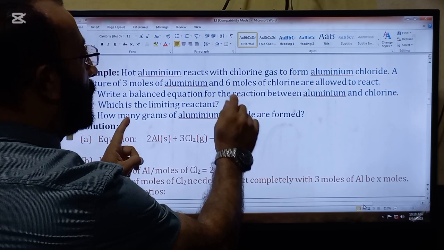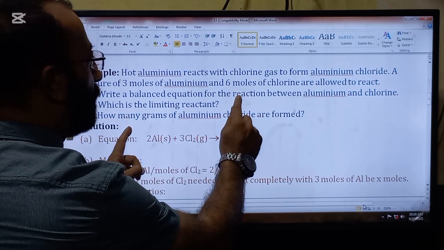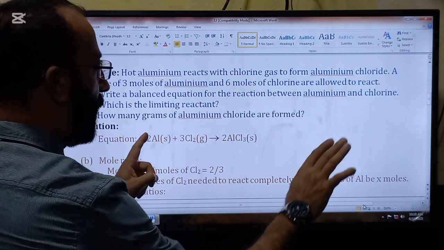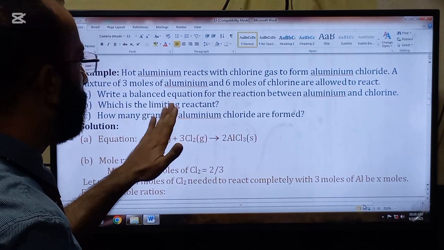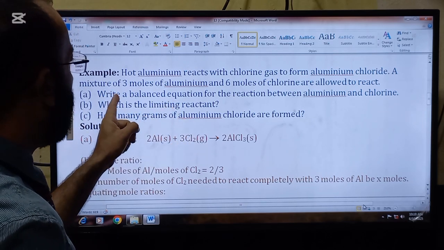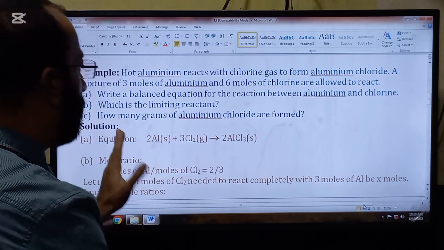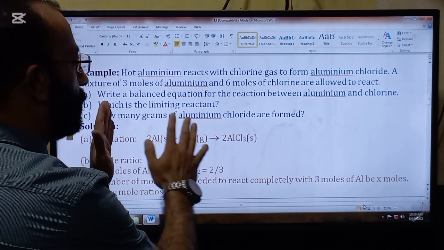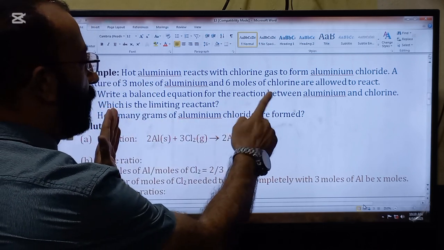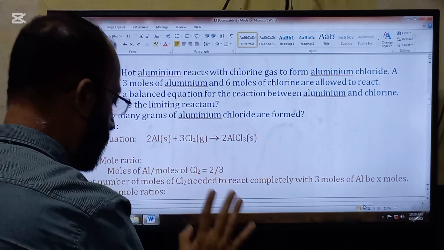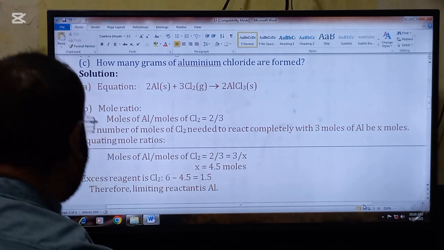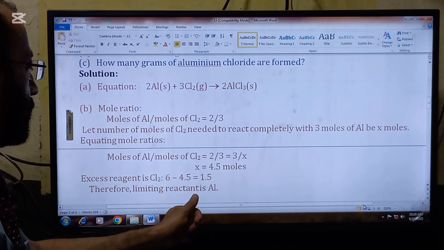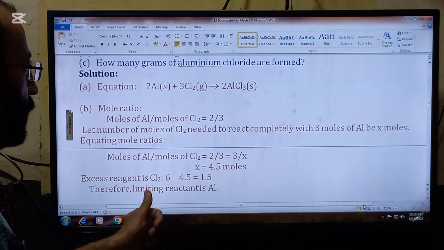It means still 2.5 moles of chlorine are left, and all the moles of aluminium are consumed. So it means aluminium will be the limiting reagent because that is fully consumed, but still some moles of chlorine are left. So this is the first thing.